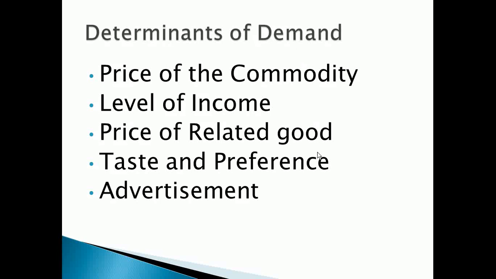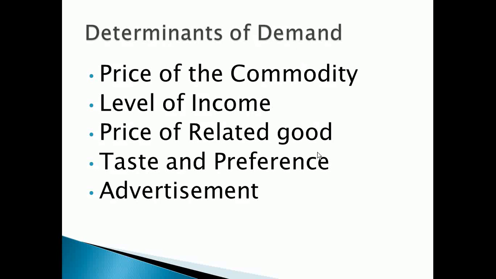The level of income, which is the money that an individual holds for a time, can also determine demand. The price of related goods is also a determinant of demand. For example, if the price of Tastic rice is 50 pula per 5 kg and the price of Uncle Sam rice is 25 pula, still for 5 kg, a rational human being that wants to economize and utilize resources may not purchase Tastic rice at 50 pula since both of them are substitutes.